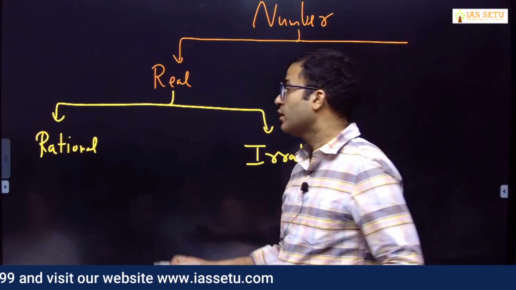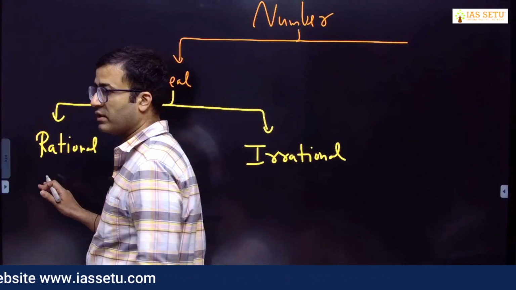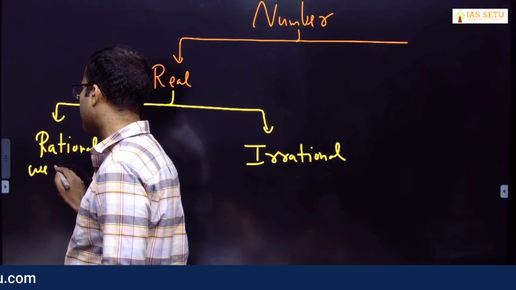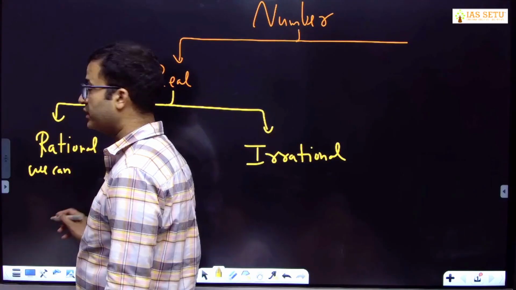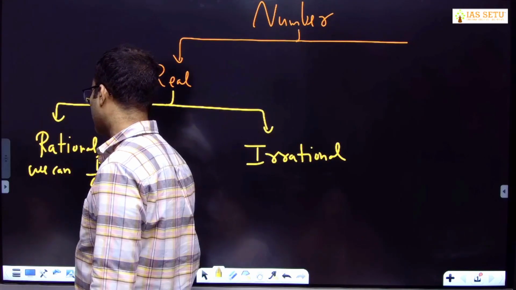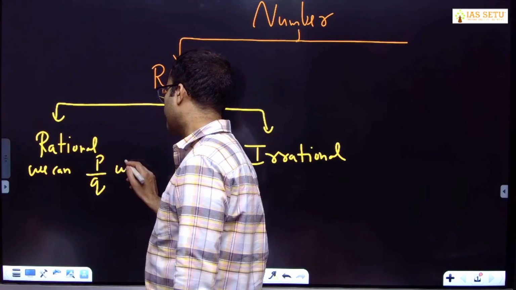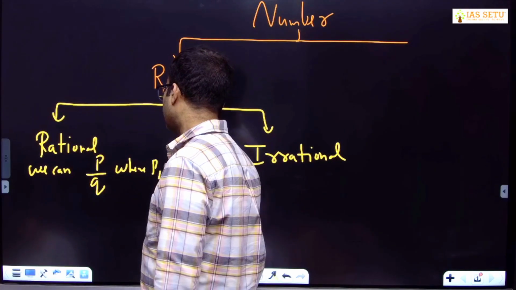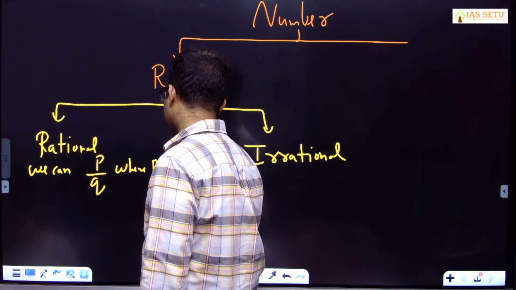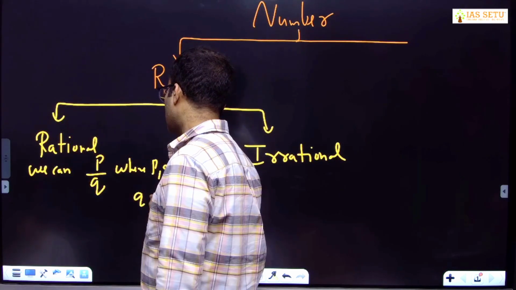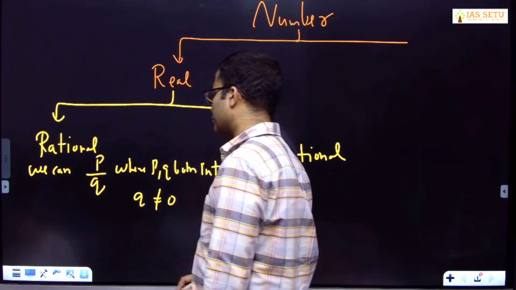Okay. So now what is the definition of rational number? Here we can express this in the form of p by q, where p and q are both integers, and q cannot be 0. q is not equal to 0.